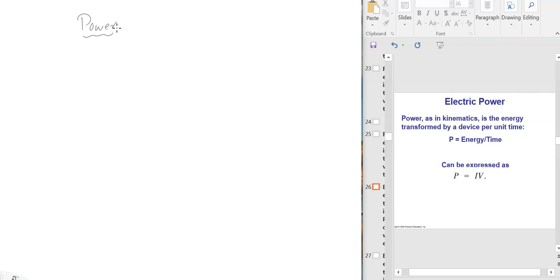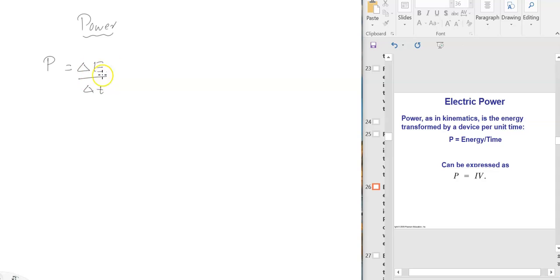So when it comes to electricity, the amount of electrical energy produced in a given time, so energy divided by time, is defined as electric power. So power, we use the letter symbol P, capital P, is the amount of energy divided by the time interval.